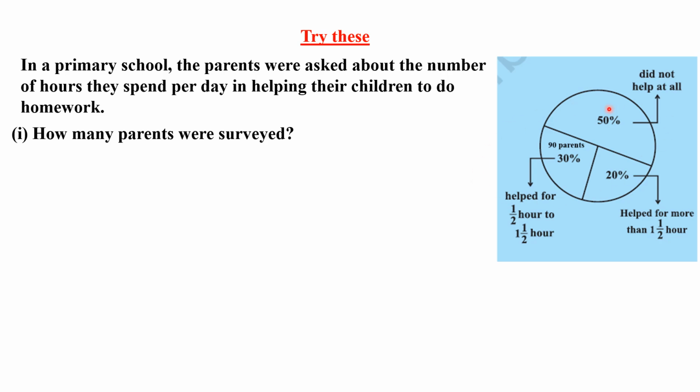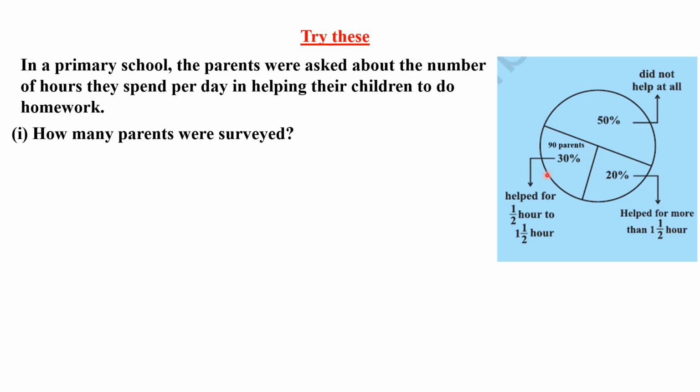According to this pie chart, 50% of the parents did not help their children at all in doing their homework. 30% of the parents help their children for half an hour to 1.5 hours, and 20% help for more than 1.5 hours.